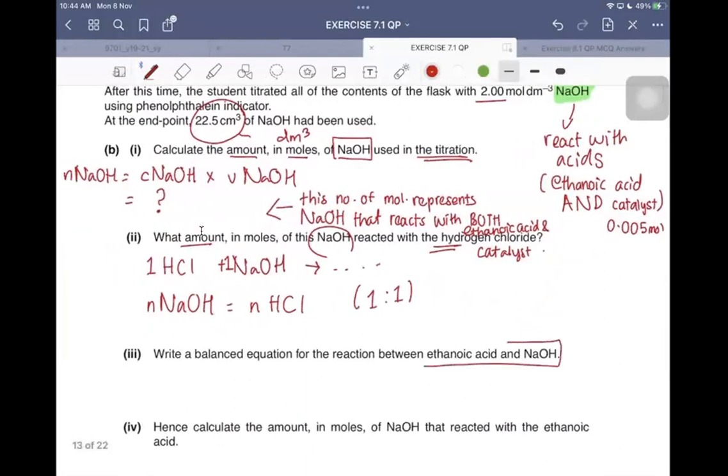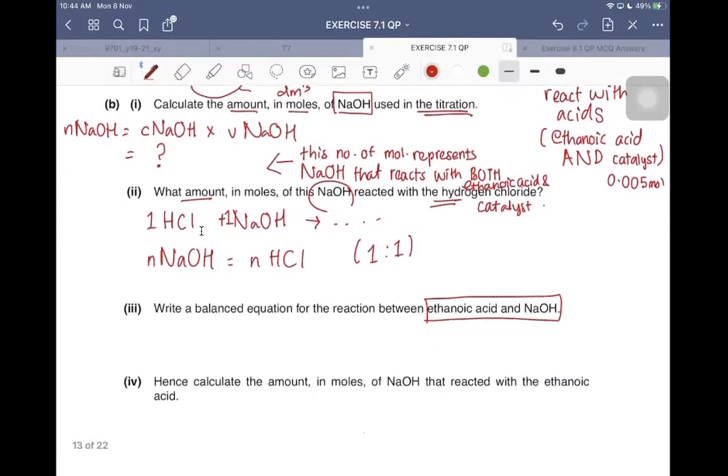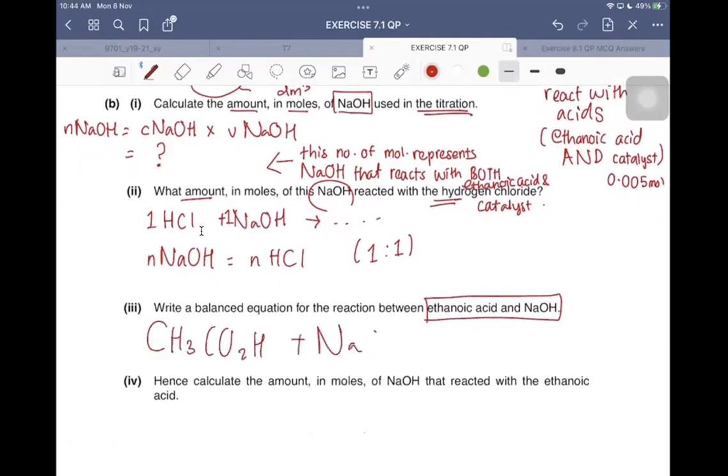Oh, so they are looking at separate experiments here. One reaction is sodium hydroxide with ethanoic acid. The other reaction is sodium hydroxide with the catalyst, which is the HCl. So you have to look at them as separate reactions. The balanced equation I would give you is CH3CO2H plus NaOH to give you, so you don't have to work this out.